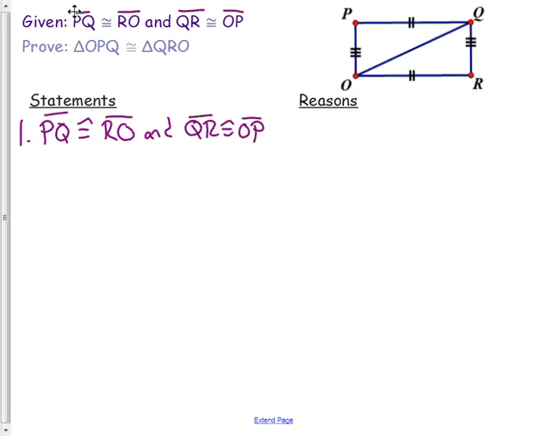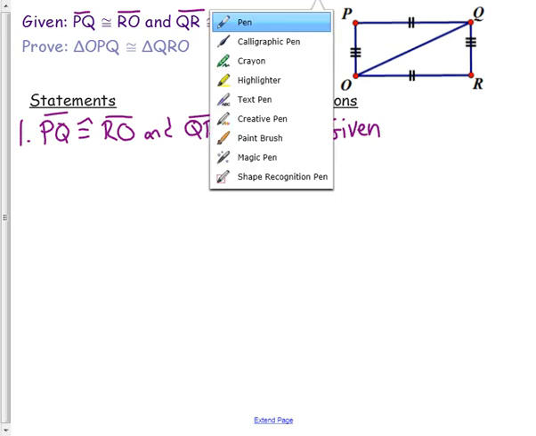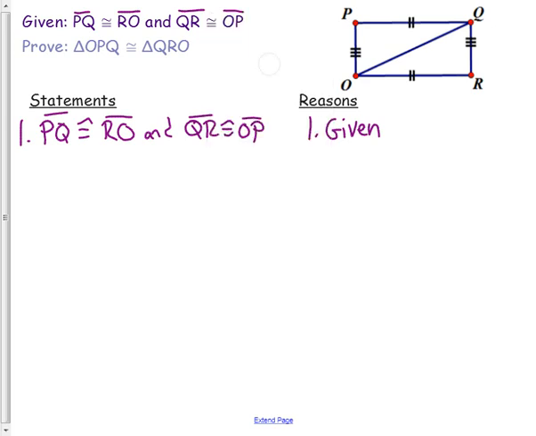And we can see that they are marked on the diagram. We are asked to prove that this triangle is congruent to this triangle. So we're trying to prove the top and bottom triangles congruent, the yellow and the orange ones.